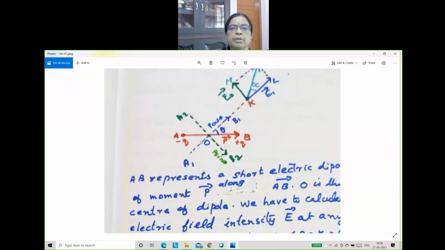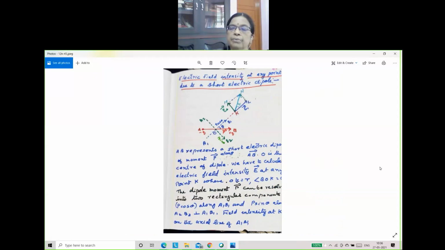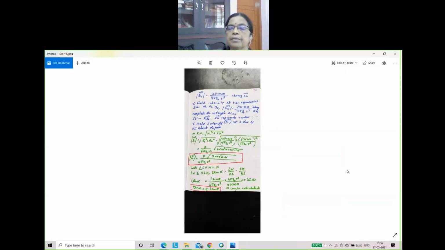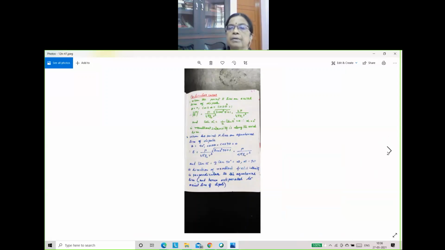It is perpendicular to the equatorial line but anti-parallel to A2 B2. That is what is written there. Field along the equatorial line, perpendicular to the equatorial line, anti-parallel to the dipole moment. അതായത് A2 B2. അപ്പം അതാണ് നമ്മൾ ഡിസ്കസ് ചെയ്ത് കഴിഞ്ഞത് കേട്ടോ.